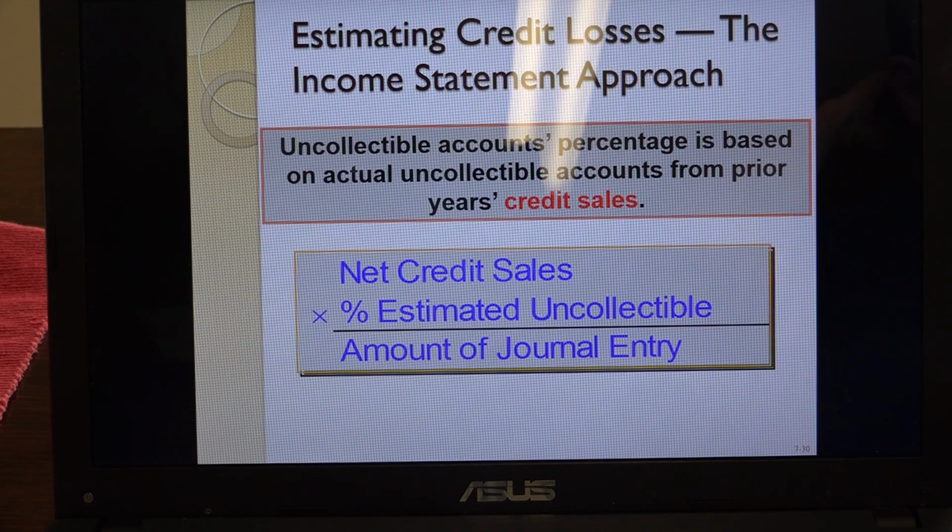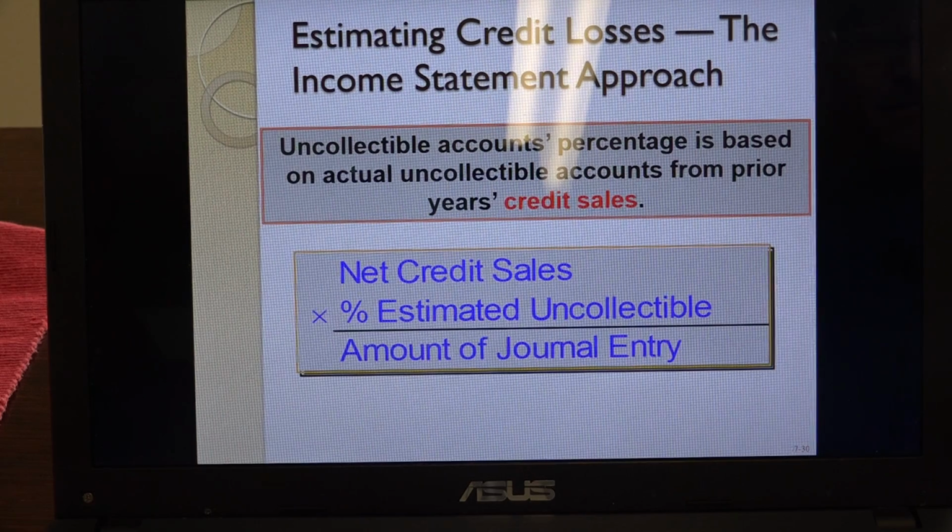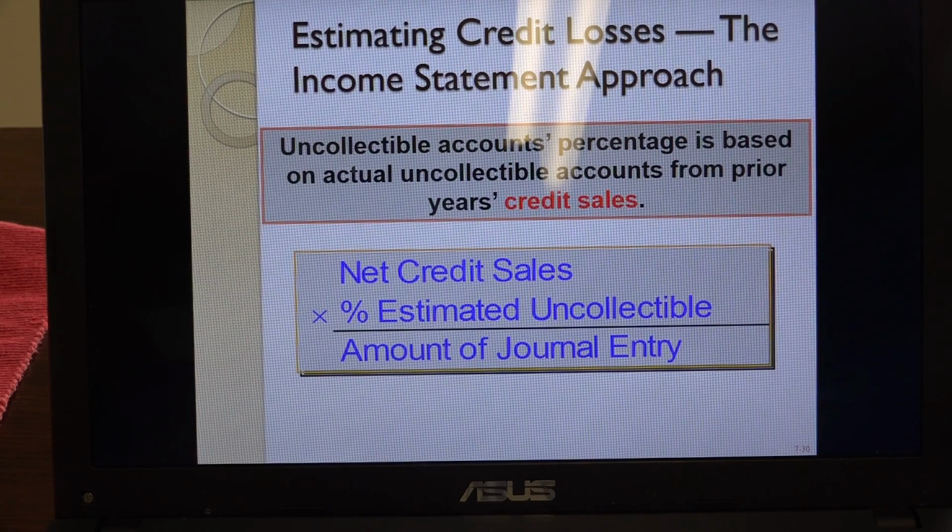Well, yeah, it's real easy, but I don't think it's very accurate. I just think that the balance sheet approach is a better way of analyzing this. But anyway, some companies might use this. Don't recommend it, but whatever.